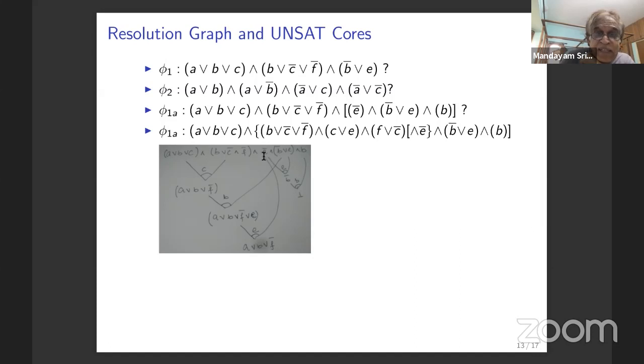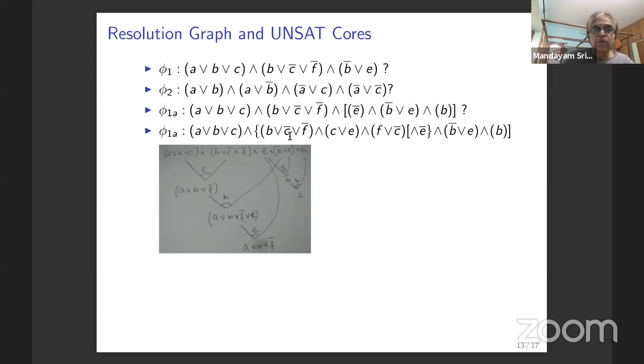That's because this subset that I have included in the brackets is a subset of the clauses in the original formula that is itself unsatisfiable. Such a subset of clauses of a formula that is unsatisfiable, which itself is unsatisfiable, is called an unsat core, because it gives an essence of why the original formula is unsatisfiable.